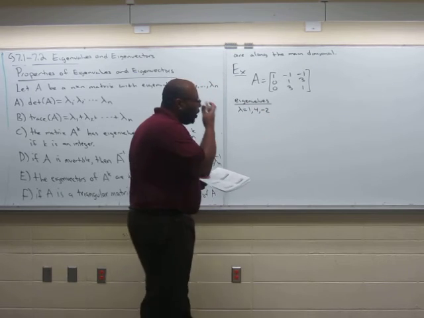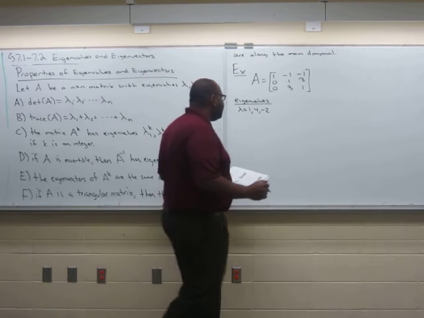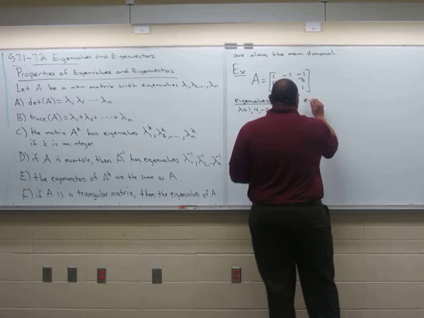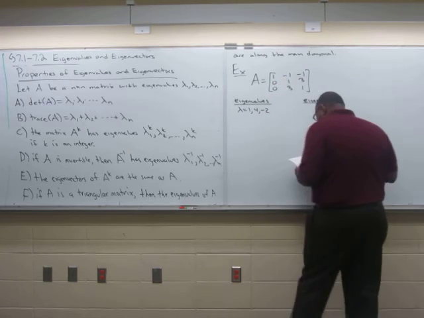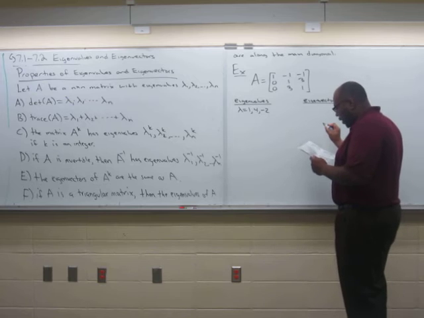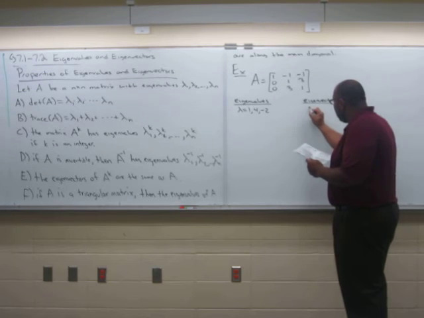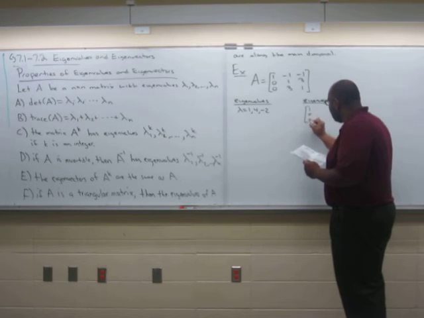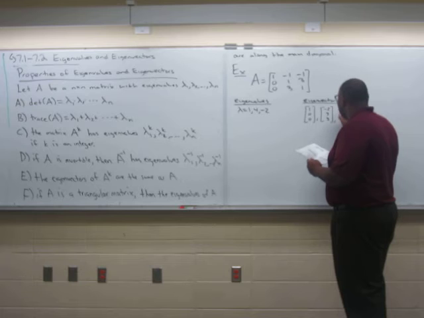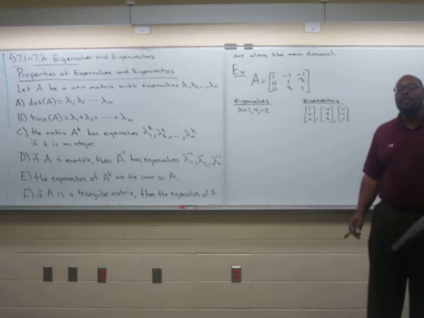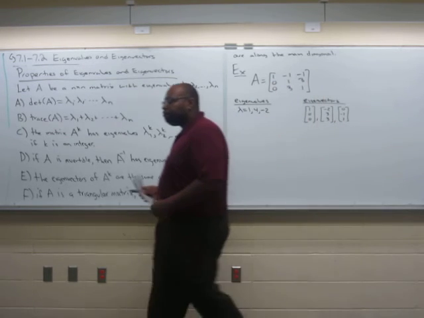The eigenvectors were 1, 0, 0, negative 2, 3, 3, and 0, negative 1, 1. Okay? So these were the eigenvectors that we got previously.